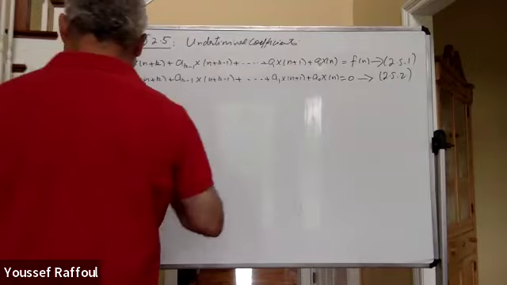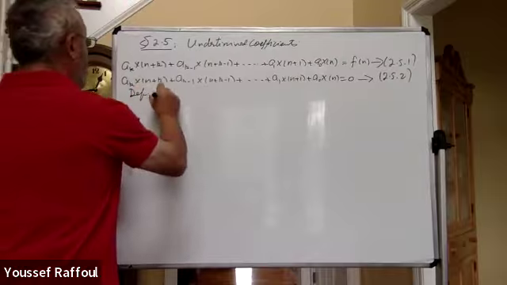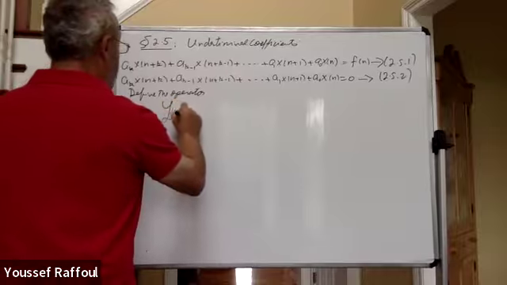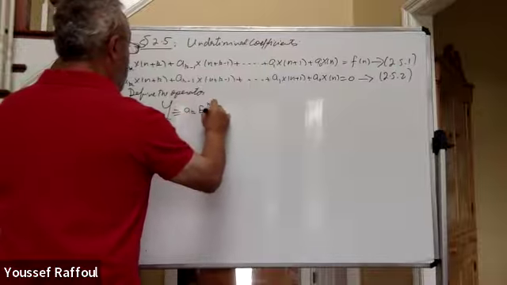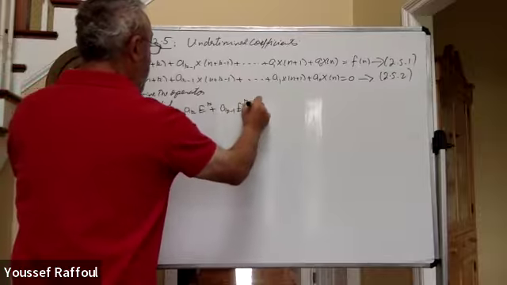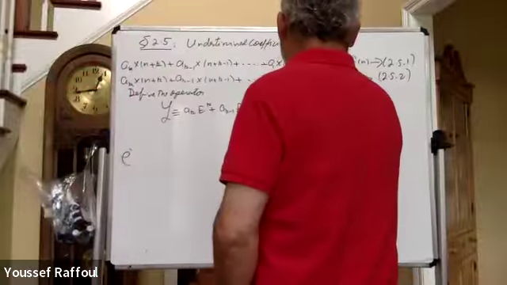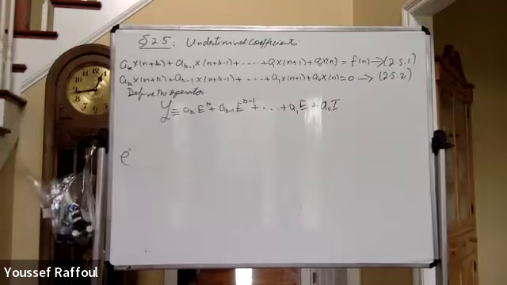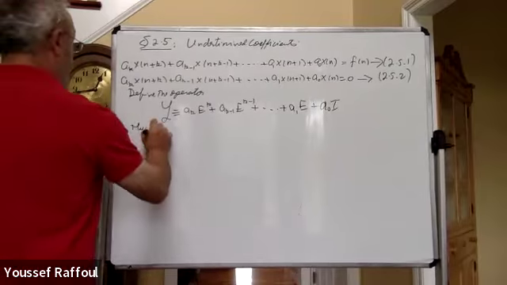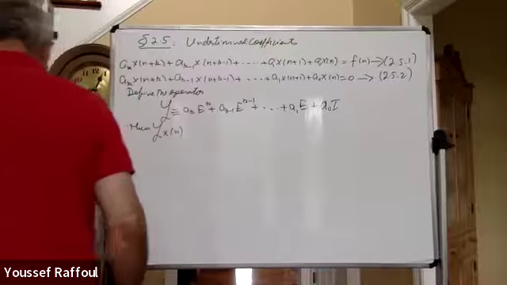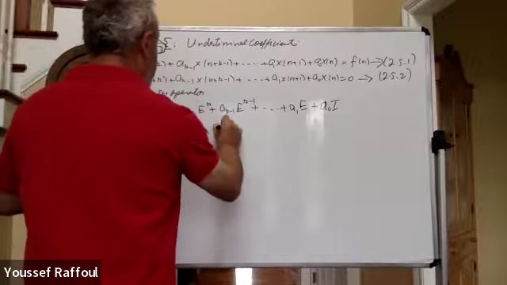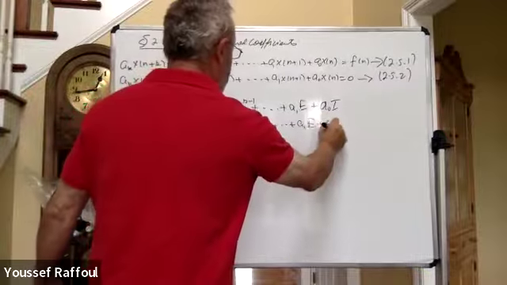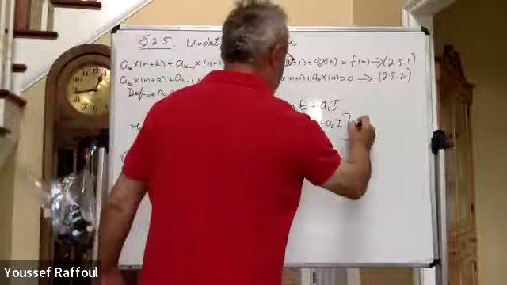So I'm going to define the operator L by a_k E^k plus a_{k-1} E^{k-1} plus ... plus a_1 E plus a_0 I, where I is the identity map. Then L x_n is a_k E^k plus a_{k-1} E^{k-1} plus ... plus a_1 E plus a_0 I applied to x_n.